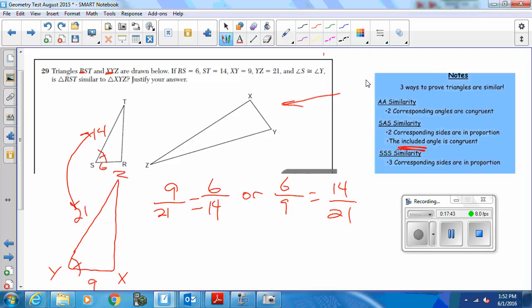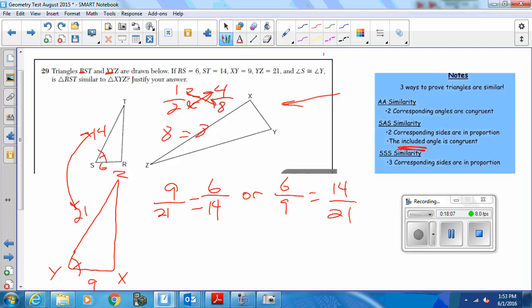So if you had something like 1/2, is that equal to 4 over 8? You'd say yeah, because 1 is half of 2 and 4 is half of 8. Also, you can check the cross products. If they're equal, then you have proportional values. So 8 is equal to 8.